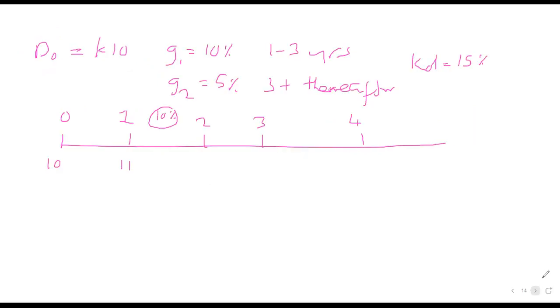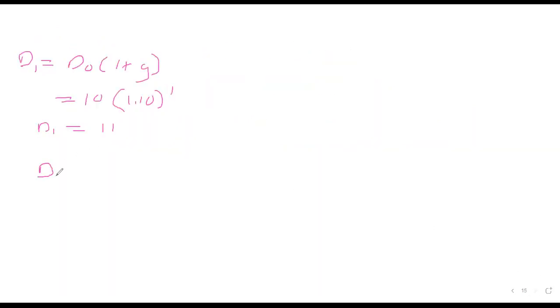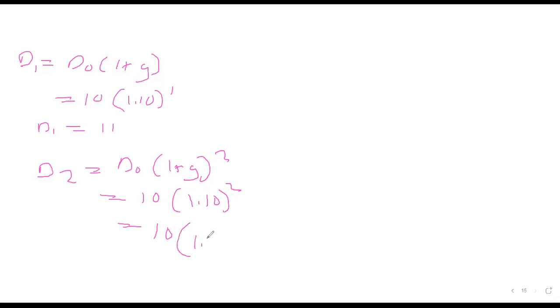So we go to D2. Who wants to lead us? How do we get D2? D0, 1 plus growth G to the power what? Power 2. 1.10 to the power 2. So this will be 10 times 1.21, which gives you 12.1.